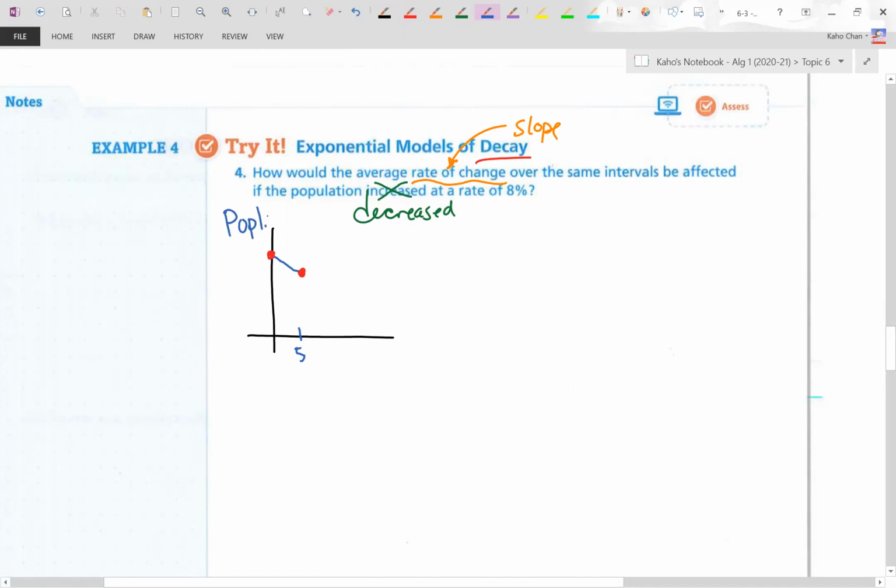But the next 5 years, 8% of that, 8% of a smaller number makes it look like this. Let me do this again. It's kind of hard to see. So let's make it a little steeper. 8% of this is not as steep. And so on and so forth, right? 8% of smaller and smaller numbers has a less steep slope over time.